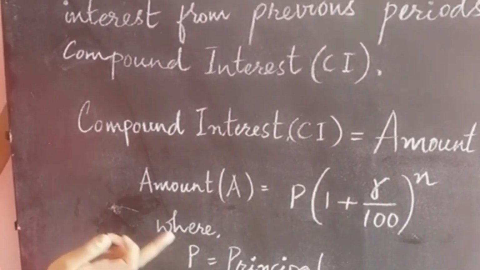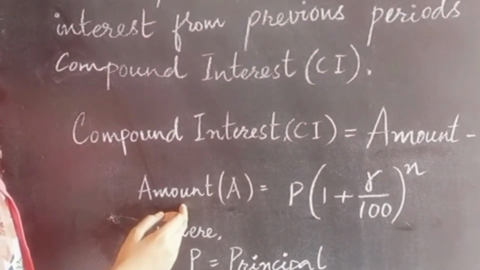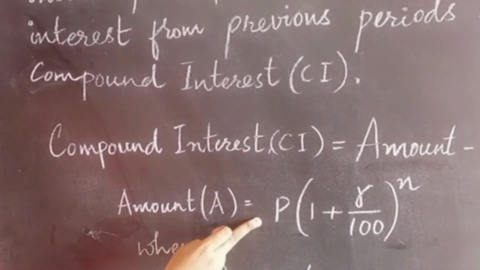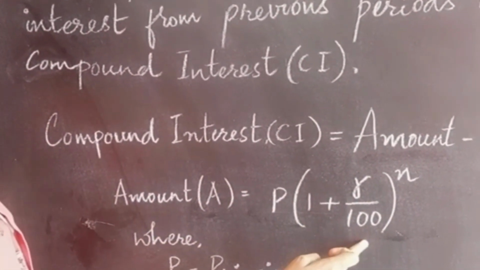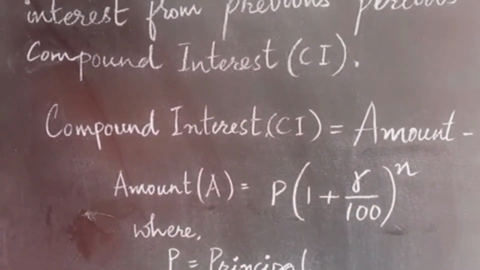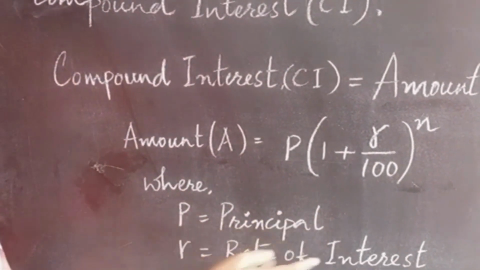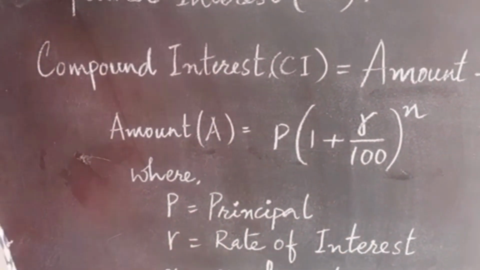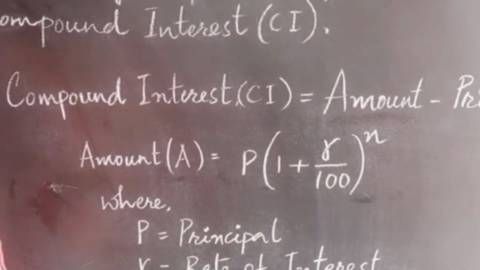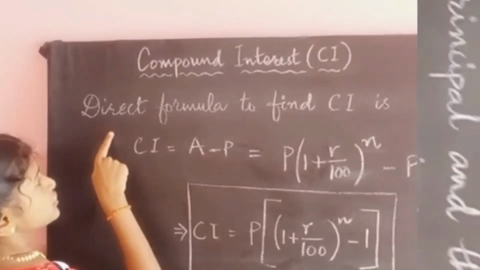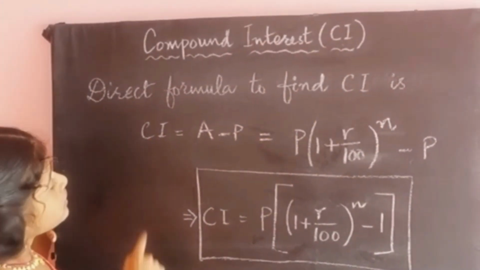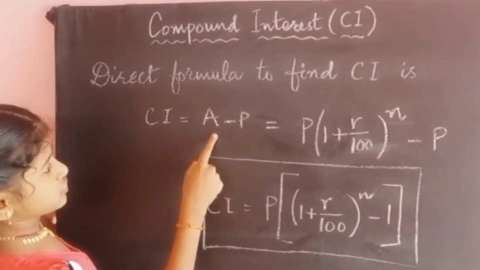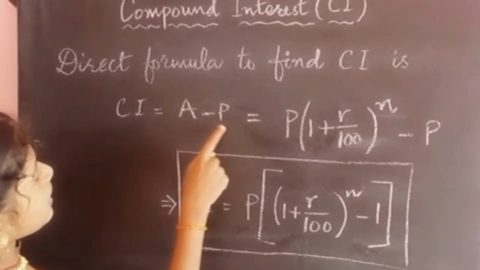So for finding amount, there is another formula. Amount equals P into (1 plus R by 100) whole power n, where P is principal, R is rate of interest, and n is number of years. So the direct formula to find CI is, as we know, CI equals amount minus principal.